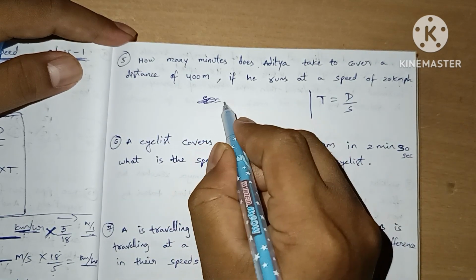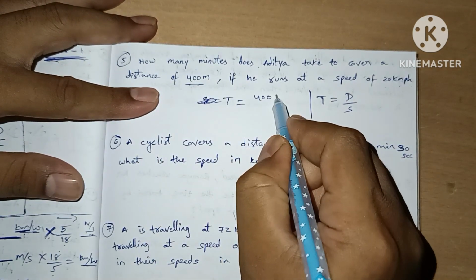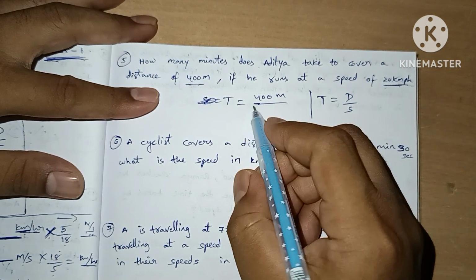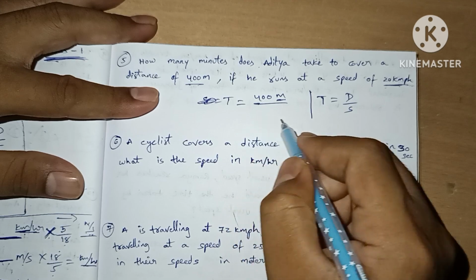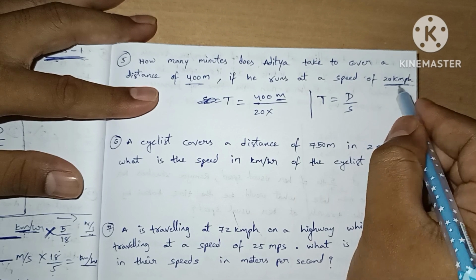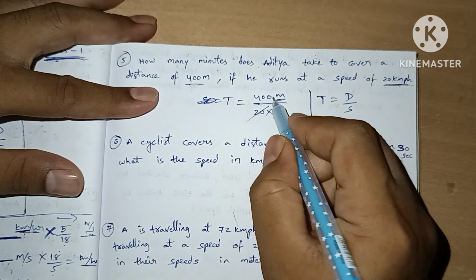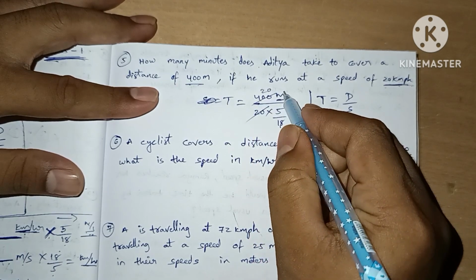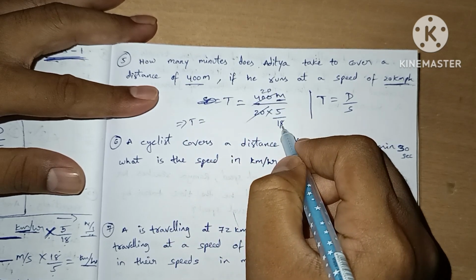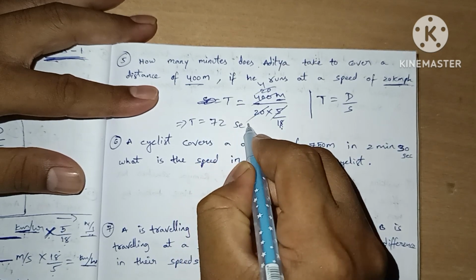So time equals distance, given as 400 meters, per speed, given as 20 kilometers per hour, but here we have meters, so we are converting kilometers per hour into meters per second by multiplying this 20 with 5 by 18. Then we get 72 seconds as the answer.